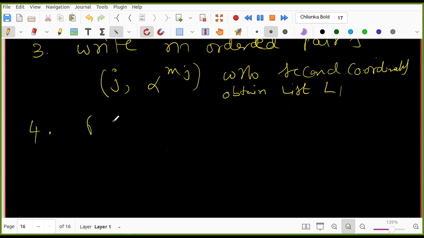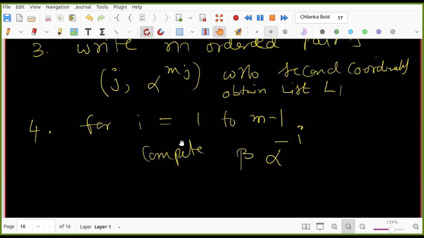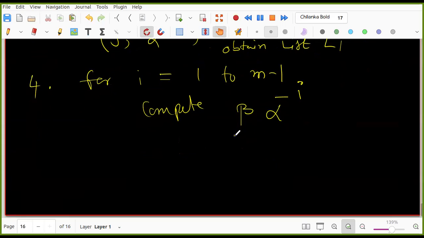Now the second part: for i equal to 1 to m minus 1, compute beta times alpha power minus i.